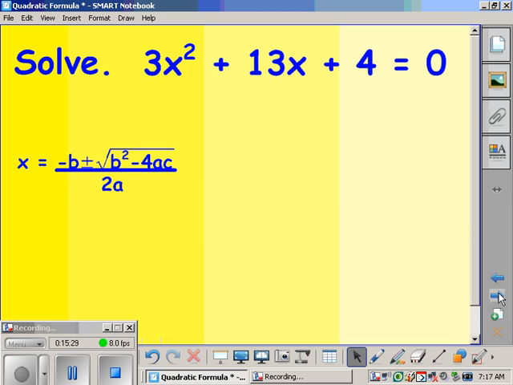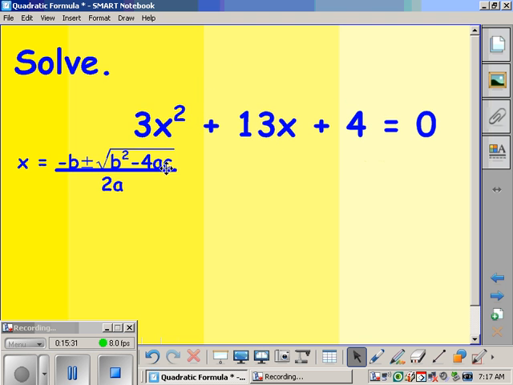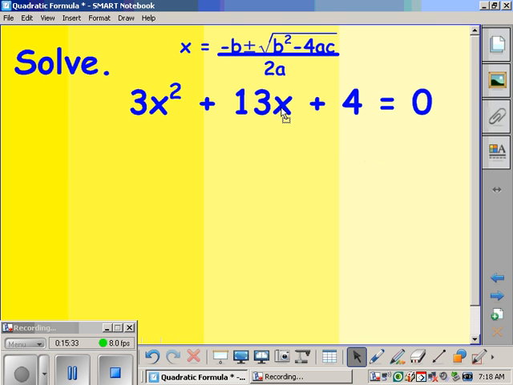Let's look at the next scenario. Okay, here we go. In this problem, we have an A of 3, a B of 13, and a C of 4. So let's go ahead and plug that in.